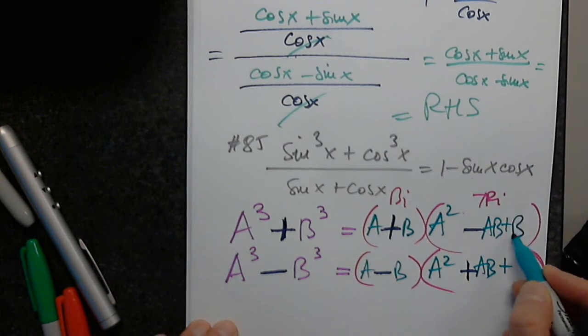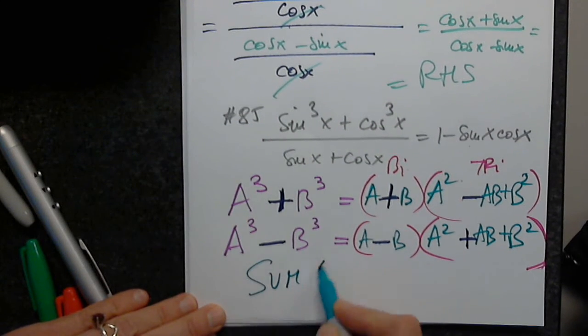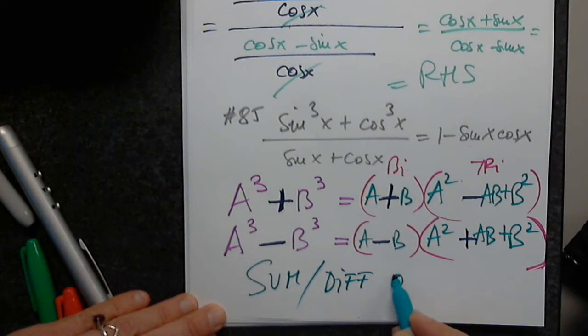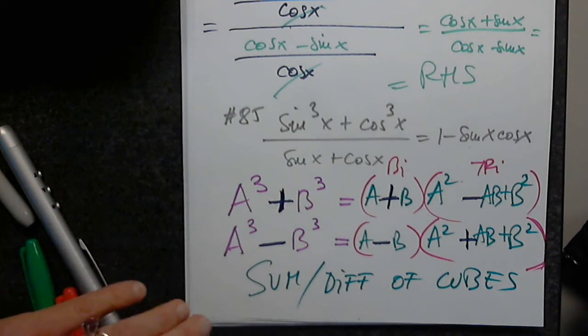That's it. Very useful to have under your belt. Very useful. The sum of cubes and the difference of cubes. So let me write this for you. Sum, difference of cubes. Of course, the first one is the sum.